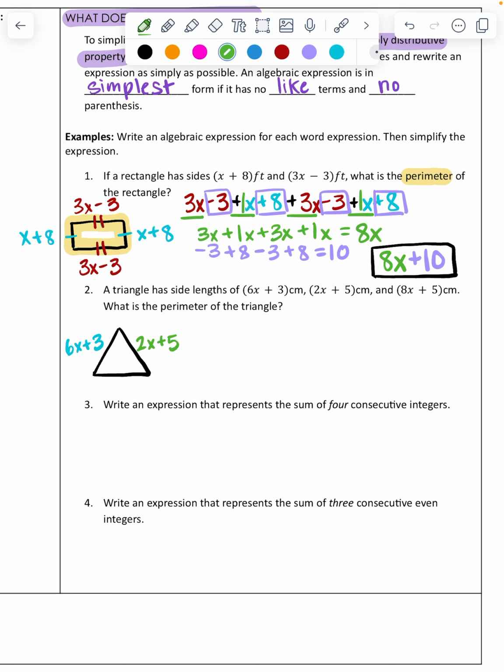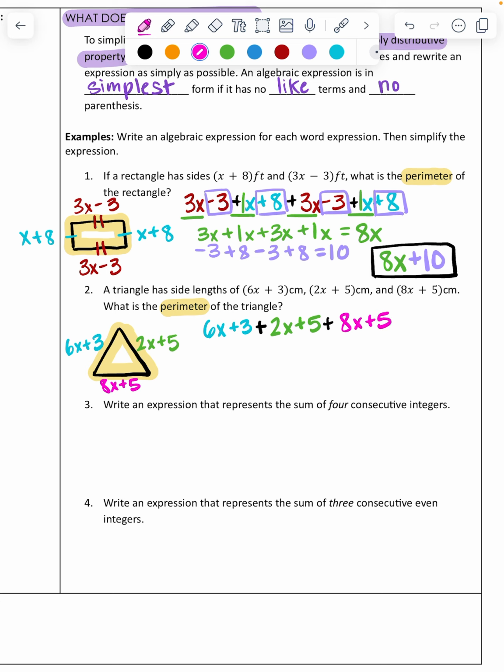And the last side will be 8x plus 5. Again, the perimeter is just the length of all the sides combined. So let's write out the expression. 6x plus 3 plus 2x plus 5 plus 8x plus 5.